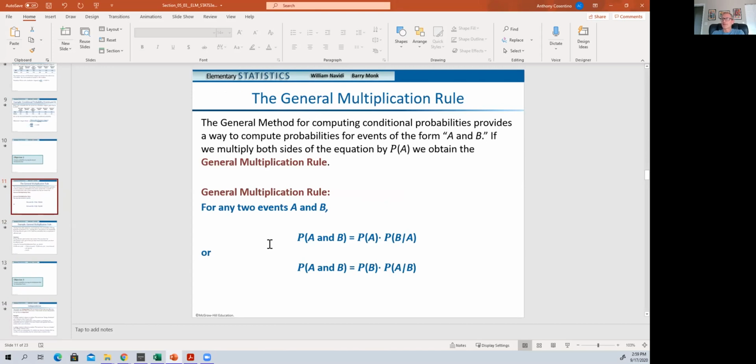Look at that. So this is the general rule for multiplication of two events for calculating probability. And you can see that we have the probability of A times the conditional probability of B given A. So where did that come from to begin with? Well, I don't like to do too many proofs at all, but it's good to take a look at this.